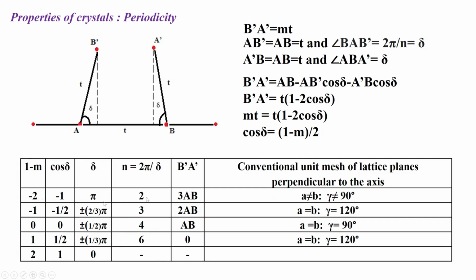For example, in this table, we have 1 minus m equal to minus 2, which corresponds to a cosine delta of minus 1, and cosine delta of minus 1 is the value pi, which is 180 degrees, and therefore it represents a two-fold axis. The value of B prime A prime in such a situation turns out to be, with m becoming 3, 3 times AB.